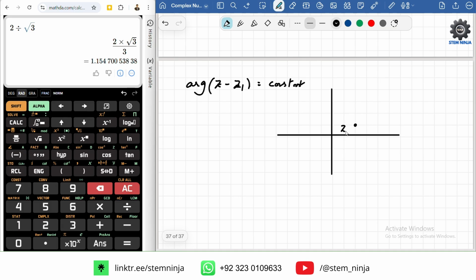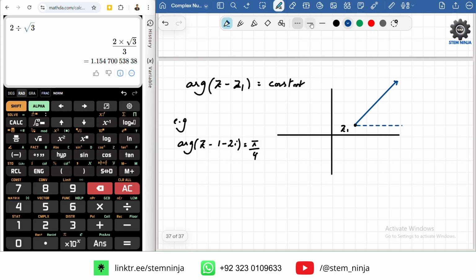For example, if this is your z1, so if we give argument of z minus (1, 2) equals pi by 4, it basically means that z would be on this line if you extend it by pi by 4.